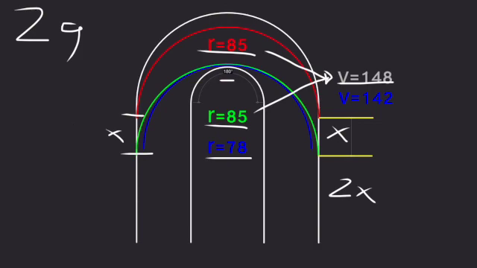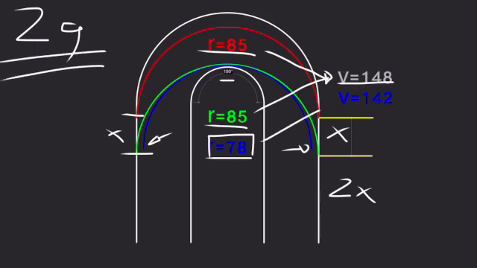But what happens if you leave some margin here on the entrance and on the exit? So your radius goes down. To pull the same 2g as the green racing line, the blue will only achieve 142 kph, leaving 6 kilometers per hour on the table and a lot of lap time.